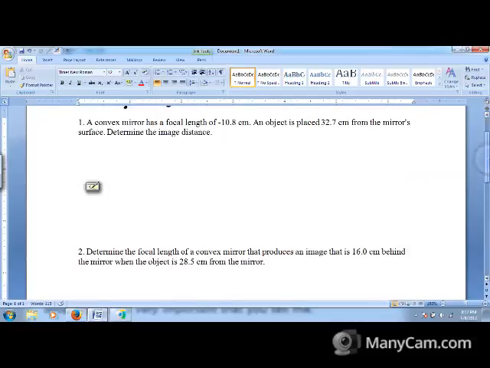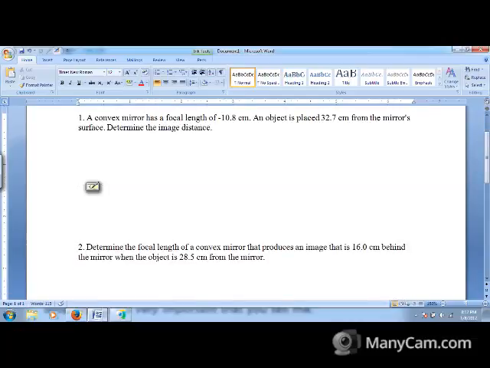All right, the first question says, a convex mirror has focal length of negative 10.8 centimeters. Well, if this convex wasn't here, you'd still know it was convex because of the negative focal length. But if you document it, you have convex mirror with the principal axis. If the focal length is negative 10.8, then this is the focus.